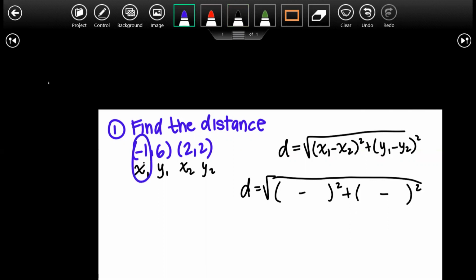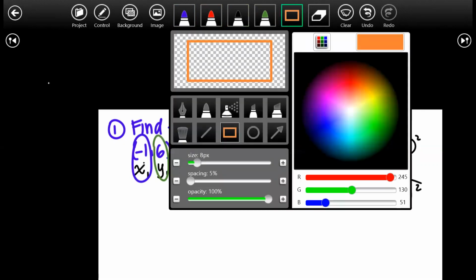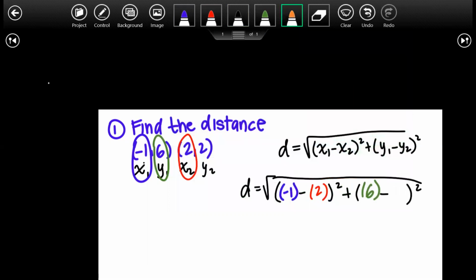So I'm going to find where x1 is and do -1. Our x2 is going to be 2, so -2. Our y1 is going to be 6. Put parentheses around it if you want to. And our y2 will be 2.